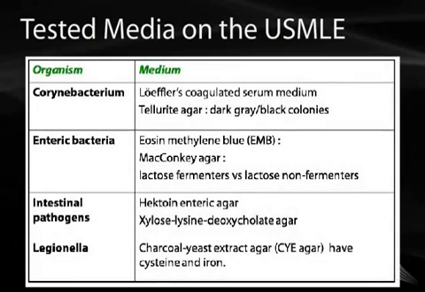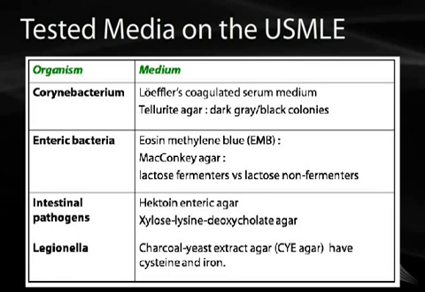Frequently you'll find questions on Step 1 that test the different media for each bacteria, so this is high yield. I'll briefly go through each organism and the media it's frequently grown on. For Corynebacteria, you'll often grow it on Loeffler's coagulated serum medium. You can also grow it on tellurite agar, and it'll form dark gray or black colonies.